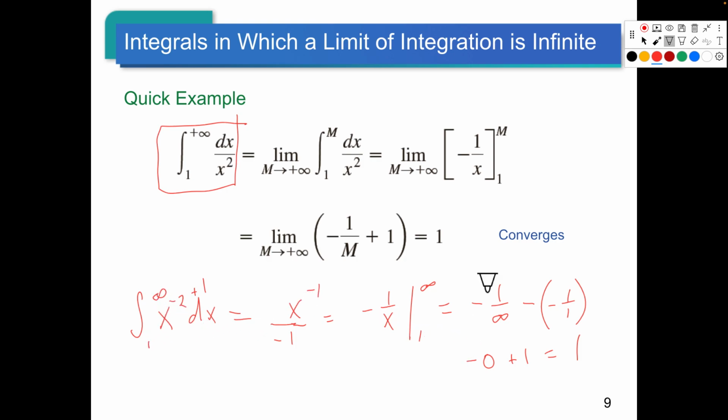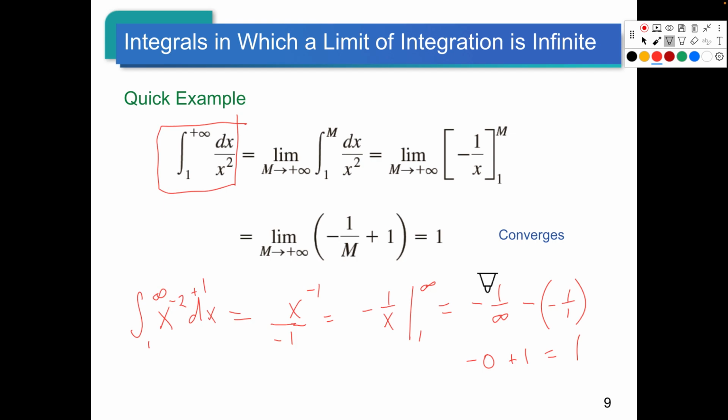And then let's just plug in infinity for x. Because there were only two things that converged: 1 over infinity goes to 0, and an exponent going to negative infinity also goes to 0. Those are the only two things that converge. Everything else diverges. So we're good there. Does that make sense? Okay.